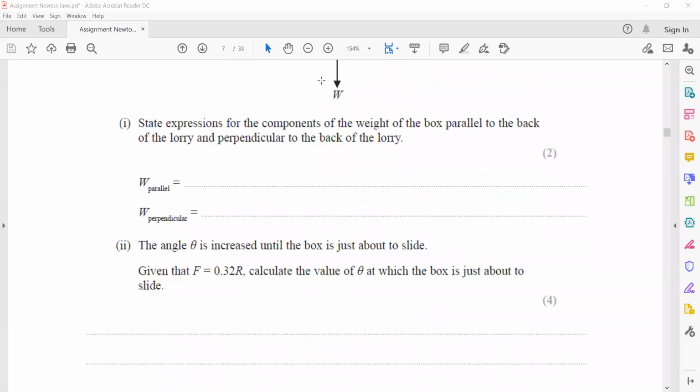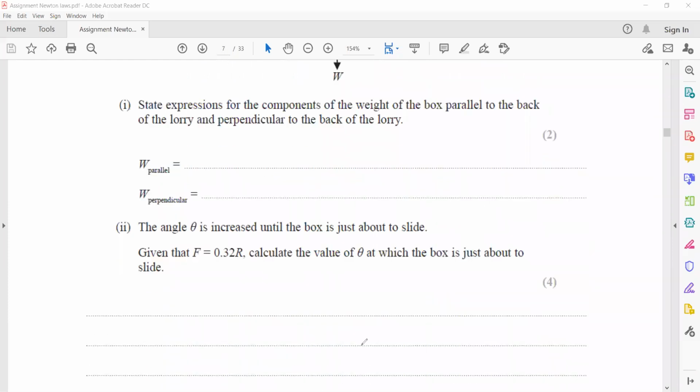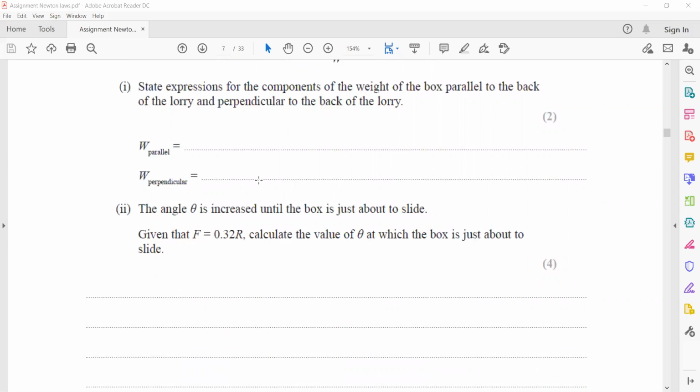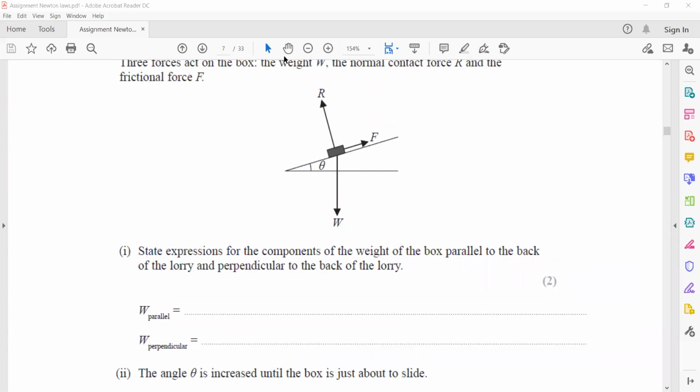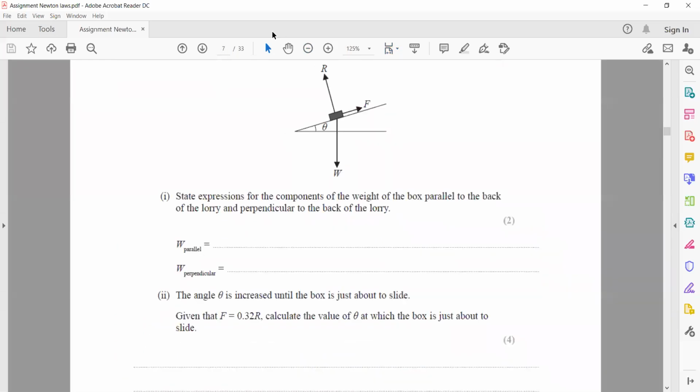Whenever objects are on an inclined surface, this is W cos theta and the other one is W sin theta. So R equals W cos theta, and F equals W sin theta.